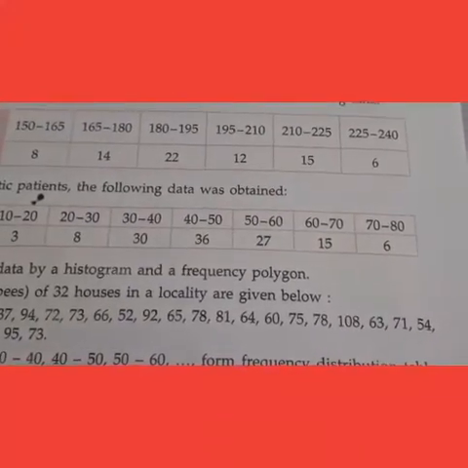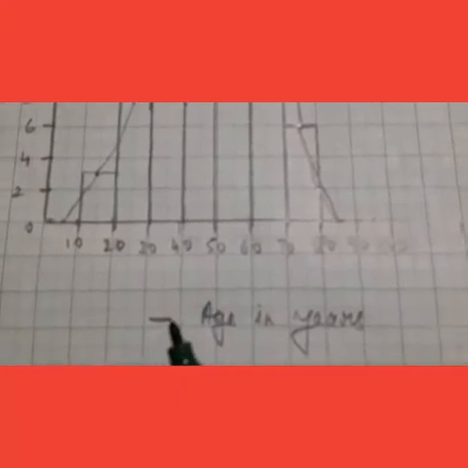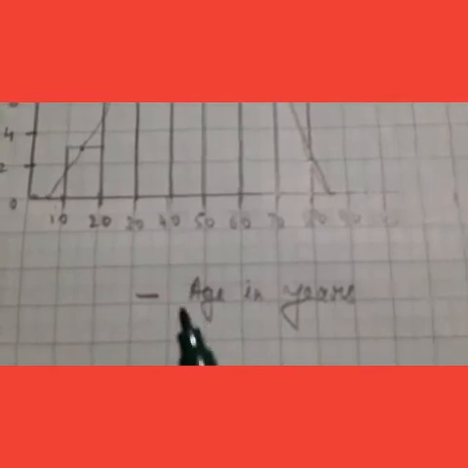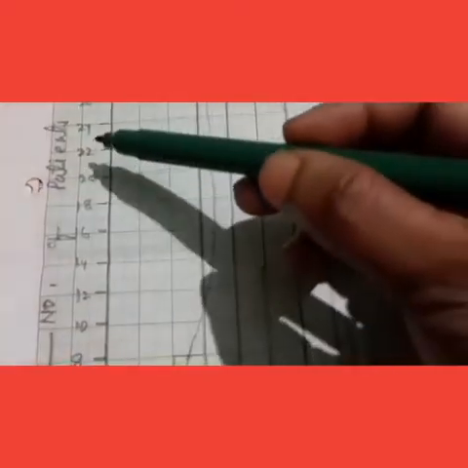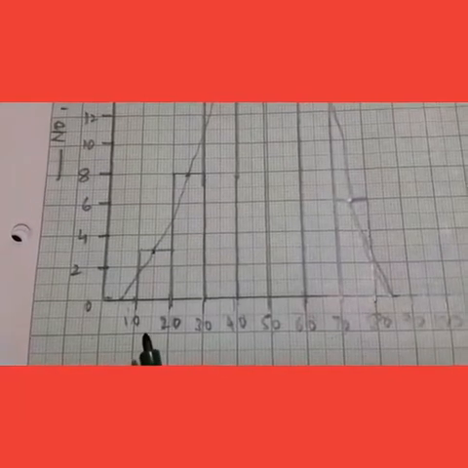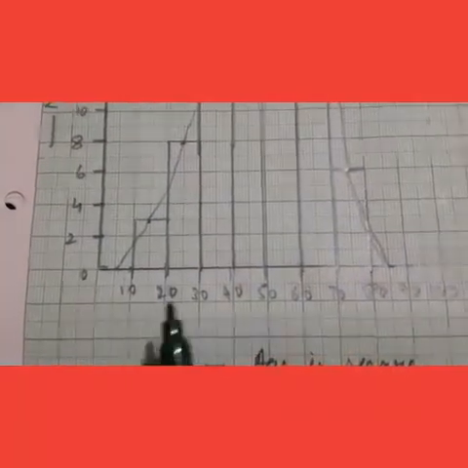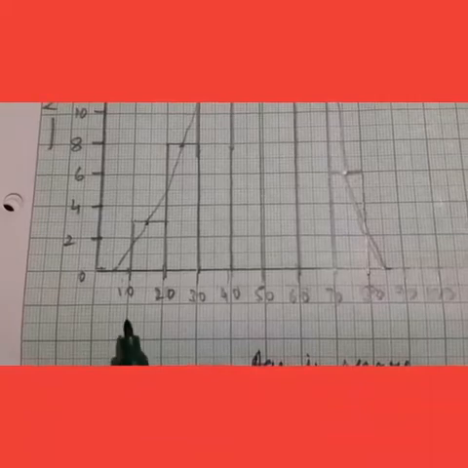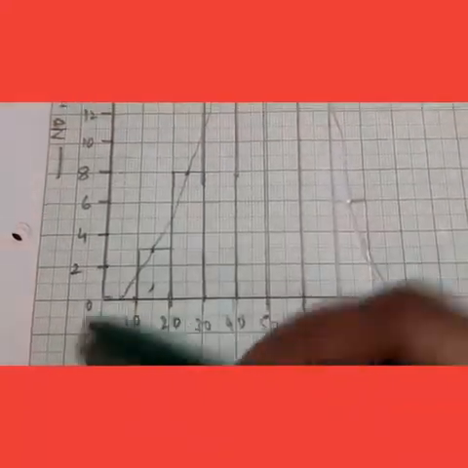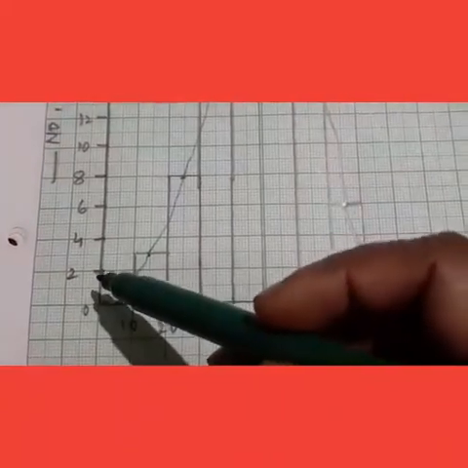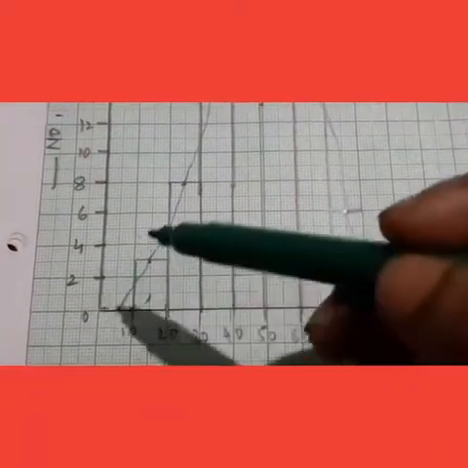Now we have to plot. Let us see how to draw a frequency polygon and a histogram for the given data. Here we have taken age in years on the x-axis and number of patients on the y-axis. On the x-axis, each centimeter is 10 years of age. On the y-axis, 1 centimeter is equal to 2 patients.